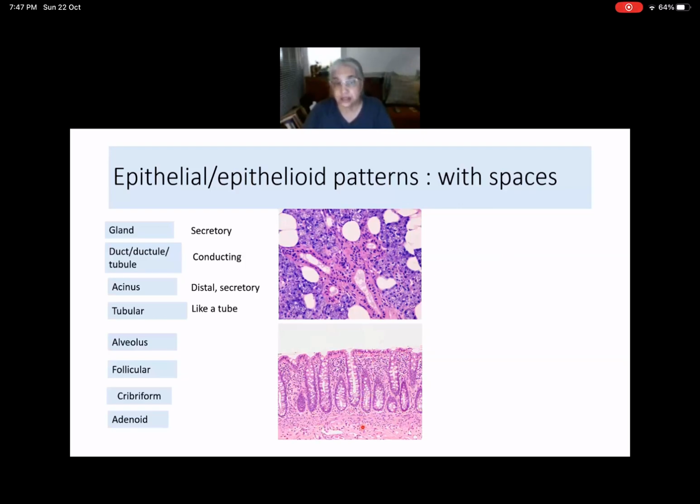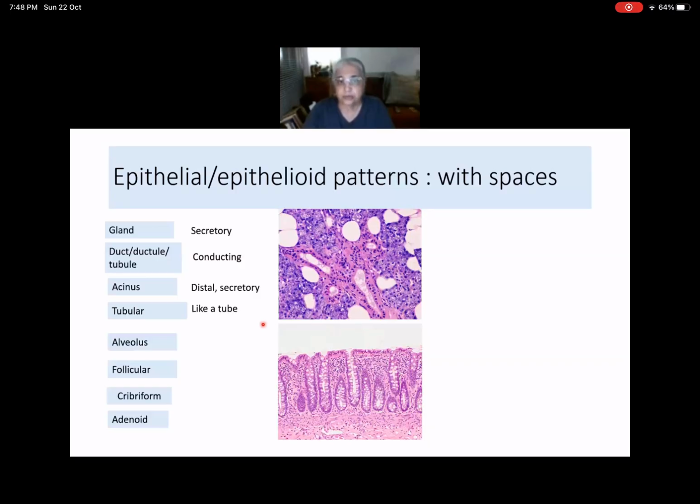Okay, and the large intestine has got long tubular glands. They are secretory. What are they secreting? They are secreting mucus. Can you see that? Yeah, the goblet cells, they are secreting mucus, and these are known as long tubular glands.